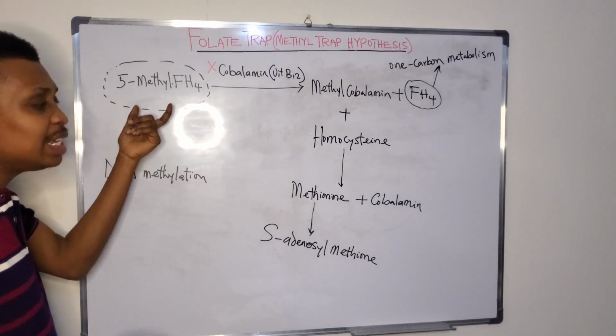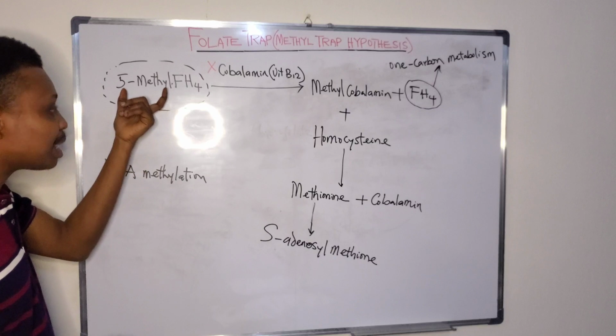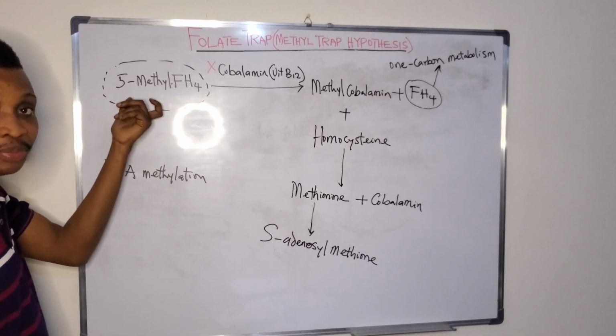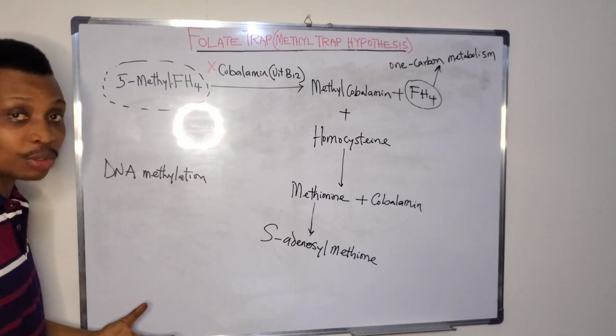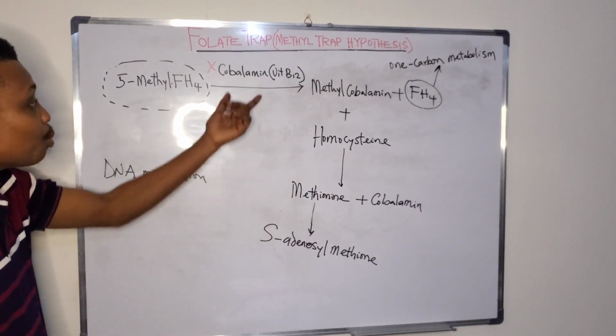And when this cannot be dissociated, it means the biologically active form of folate has been trapped in this form. So this will be in the circulation, but it cannot function. That is due to the absence of cobalamin.